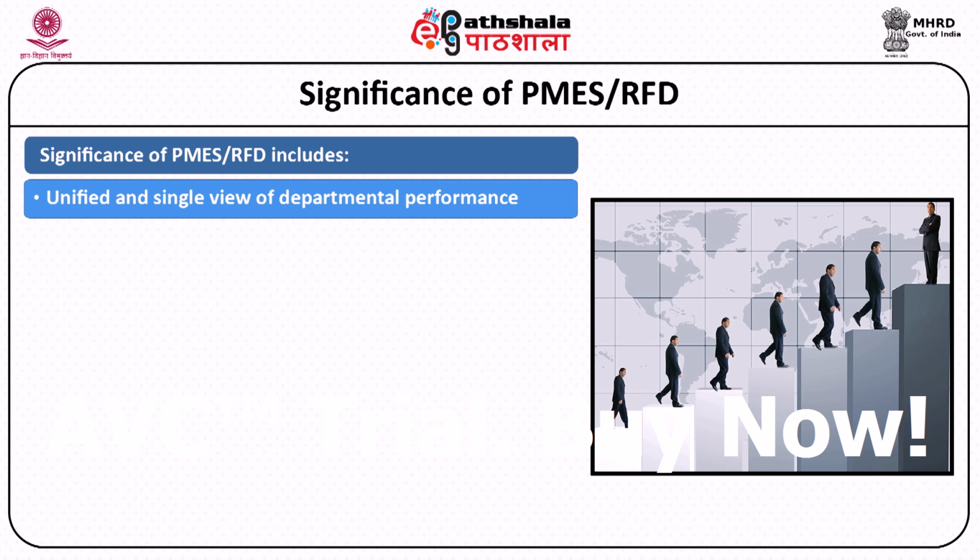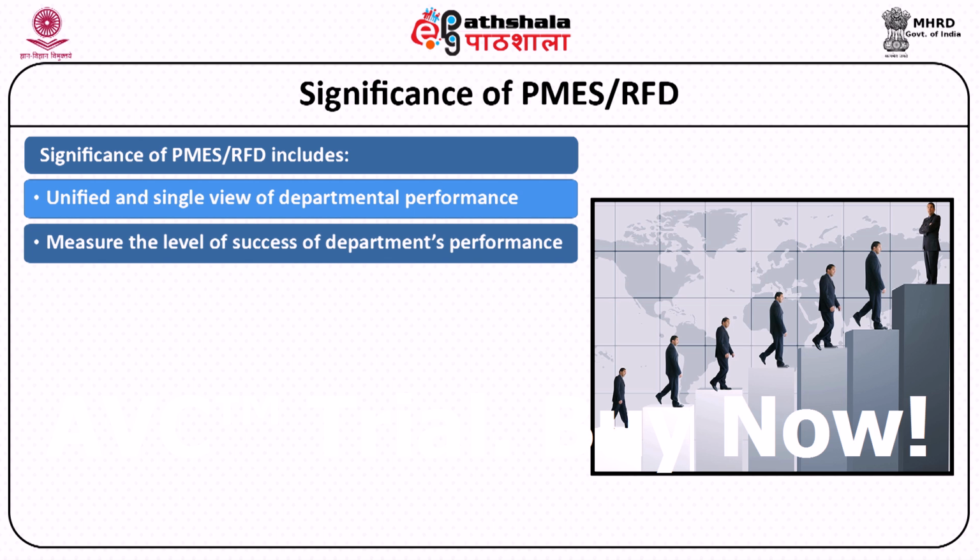RFDs, since they identify the objectives, the ways to achieve the objectives, as well as measure performance in the end, also result in improving the performance of a particular department or a ministry.